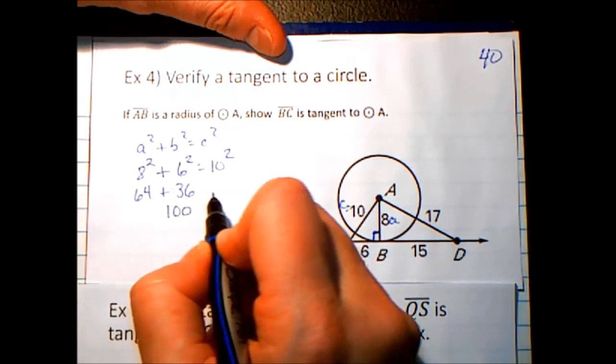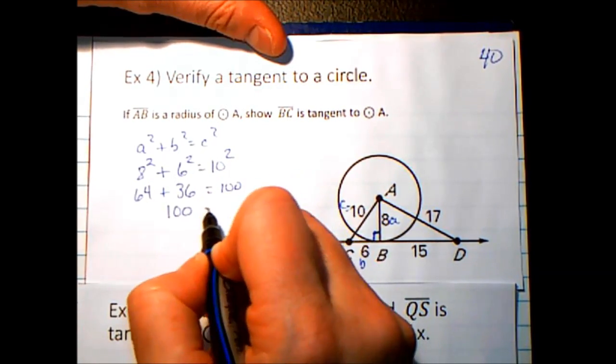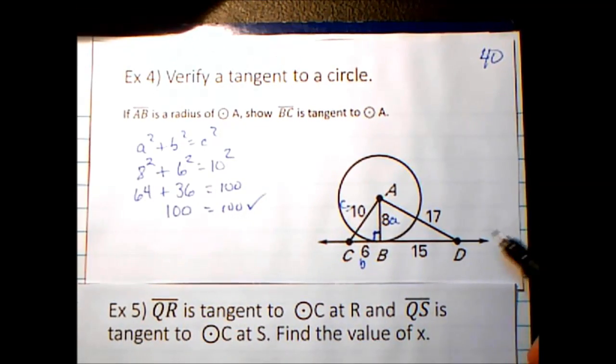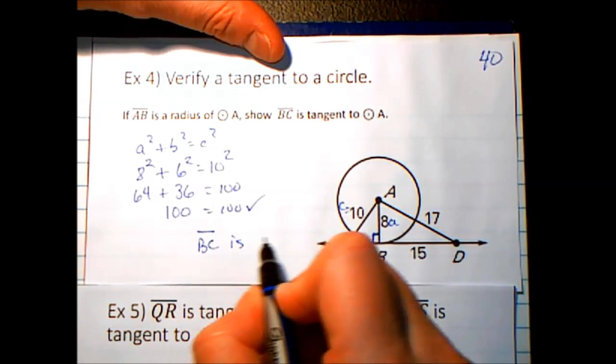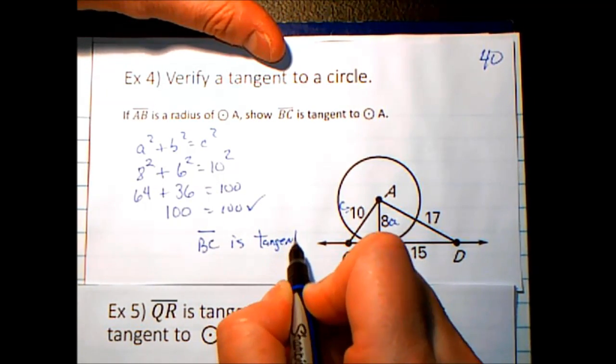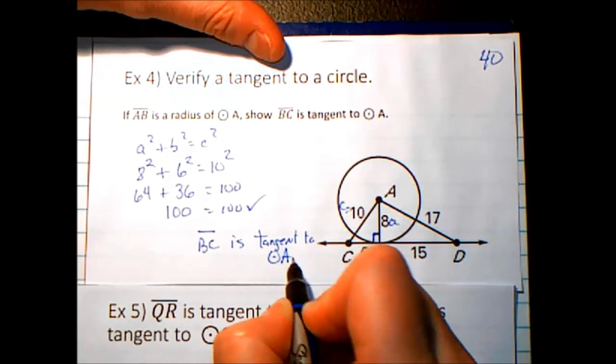Together that gives me 100, which 10 squared is 100, and this matches. Therefore BC is tangent to circle A.